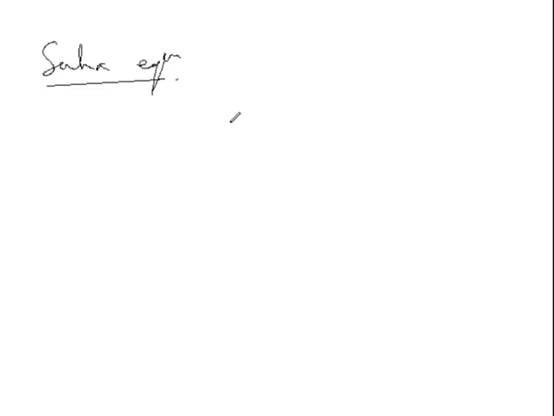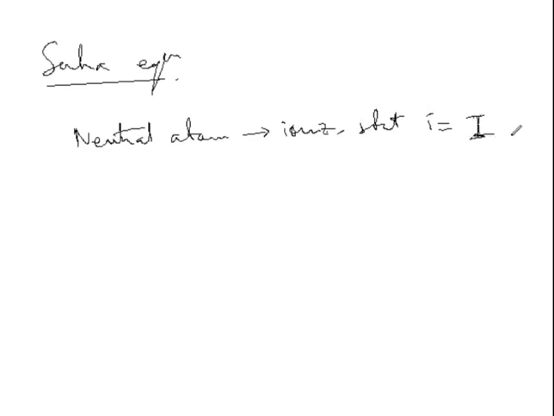Now, a neutral atom is in an ionization state I. We write it as I.